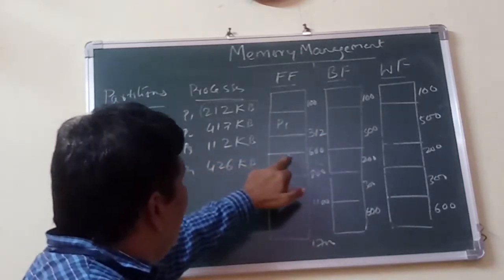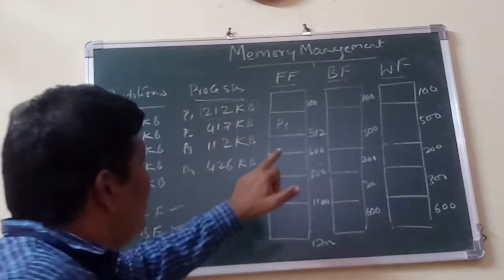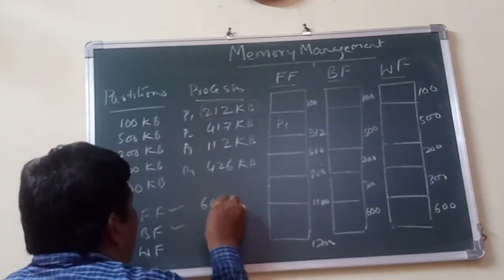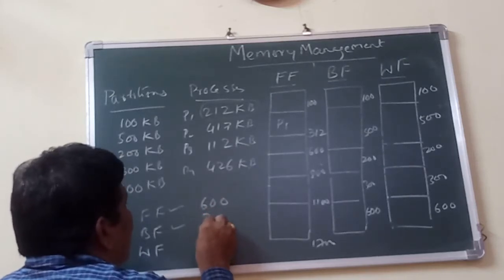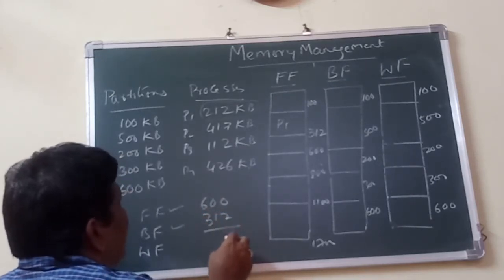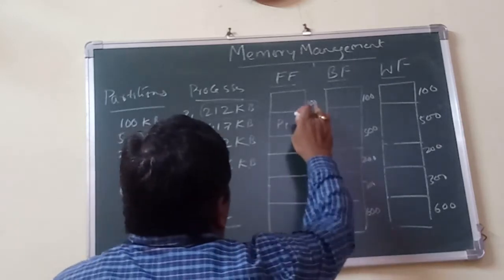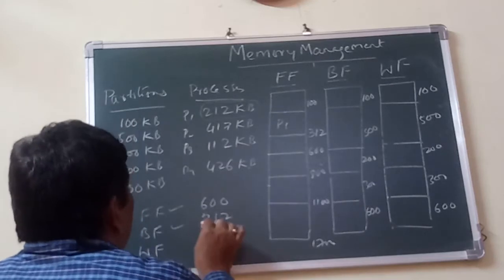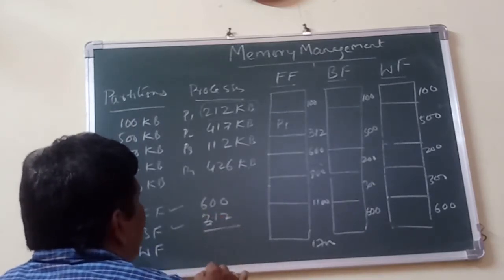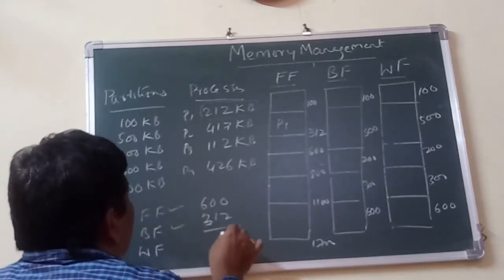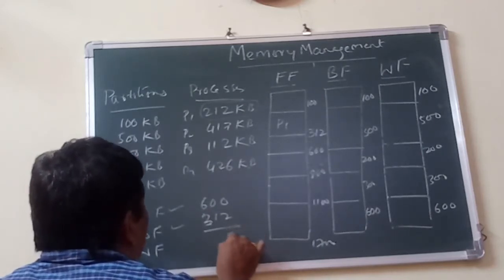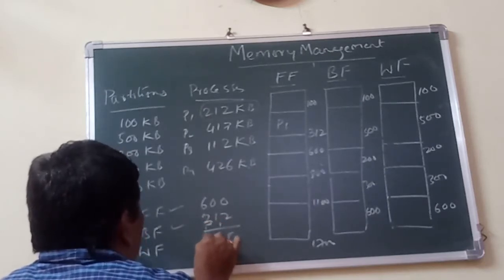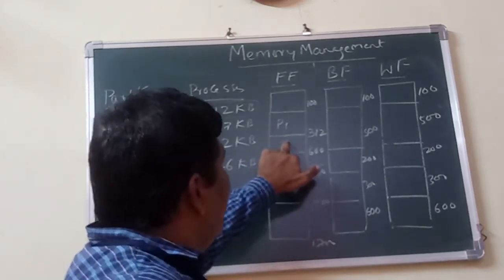Now how much space is available here? It is 600 minus 312, which is 288.